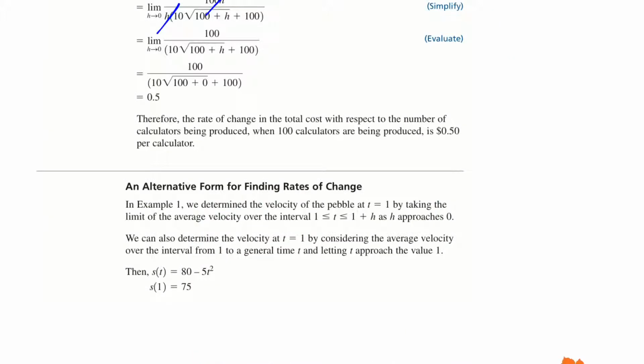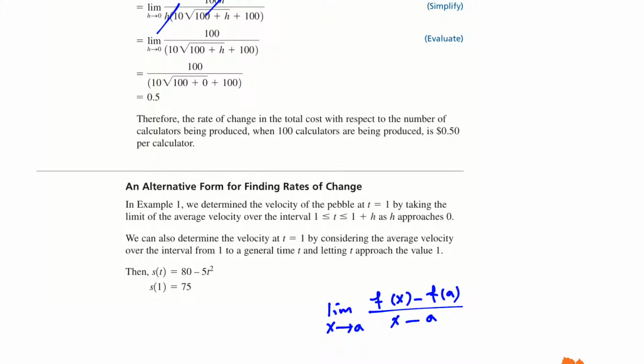Therefore, to find average or instantaneous rate of change, to find instantaneous rate of change, we can use f of x minus f of a over x minus a as x approaches a.